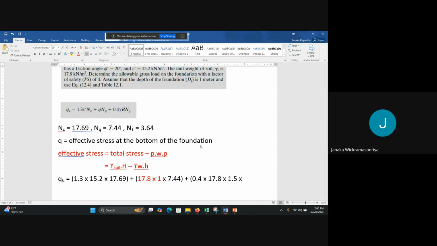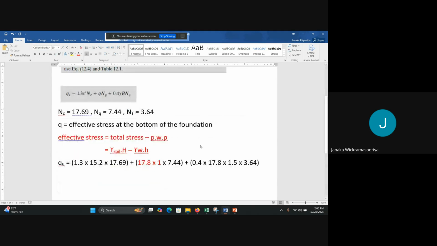N gamma is 3.64. So this is how you can find the ultimate bearing capacity. Units will be kilonewtons per meter square or kilopascals.